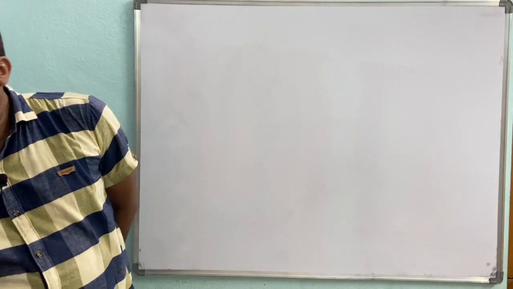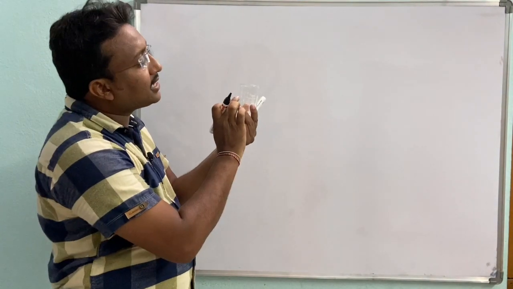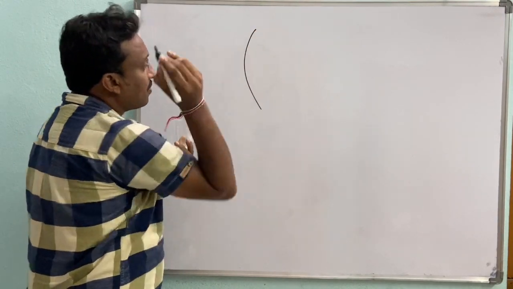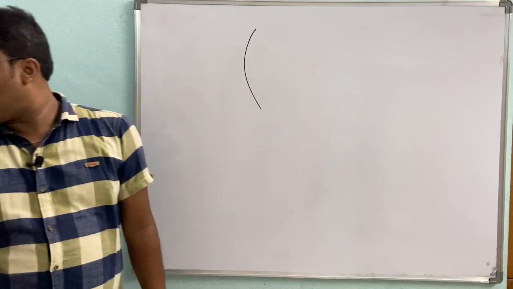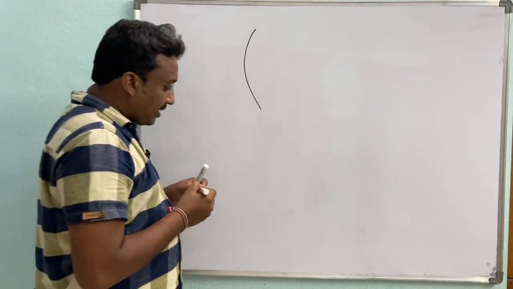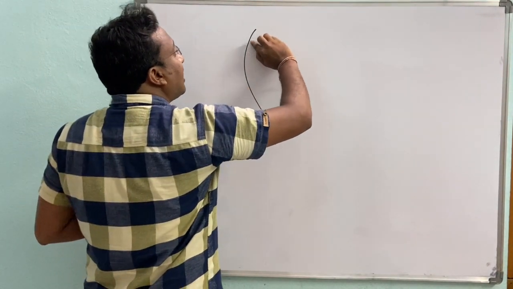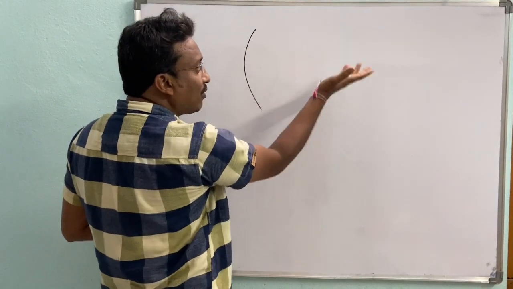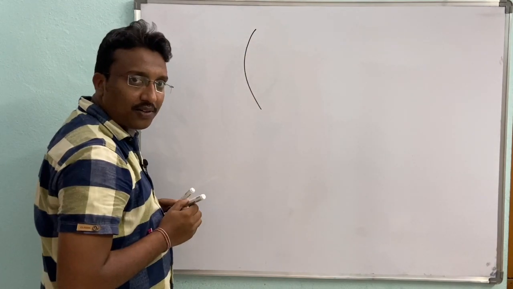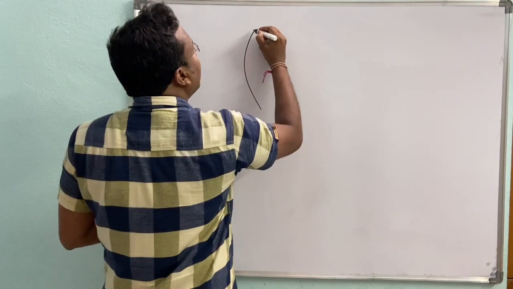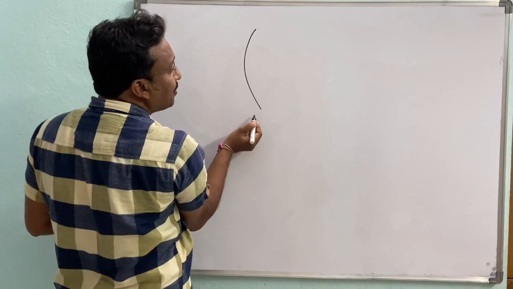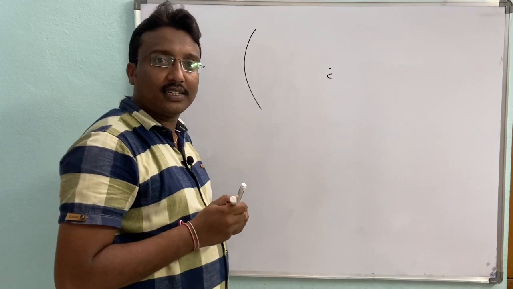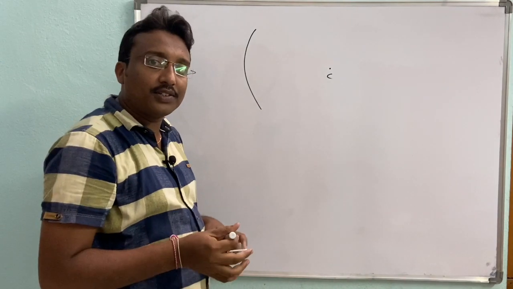This curved surface we have taken from a sphere. The center of this sphere is called the center of curvature. Now this is the center of curvature.